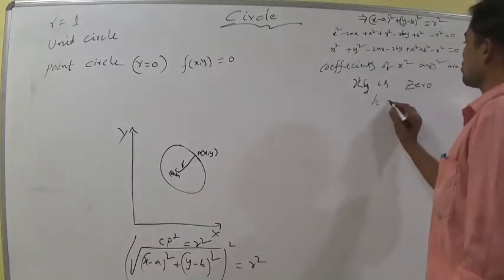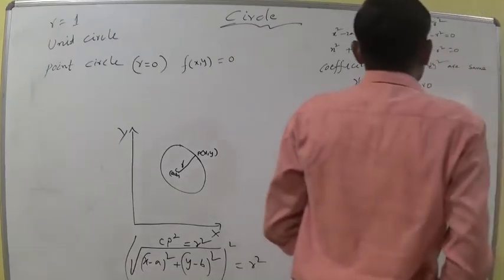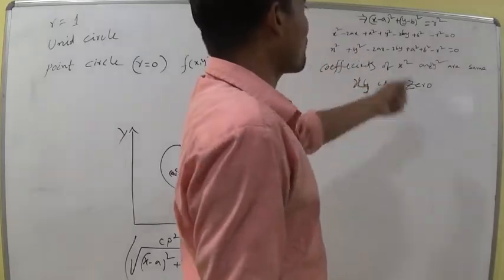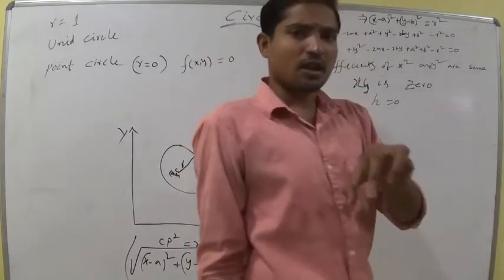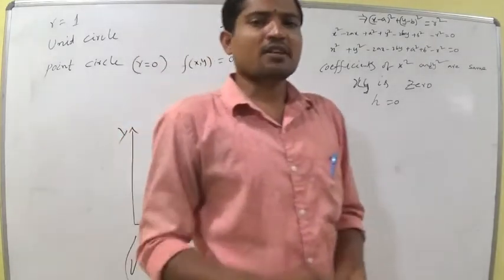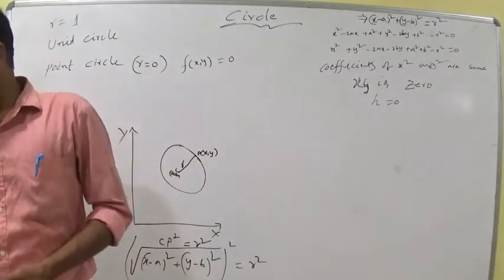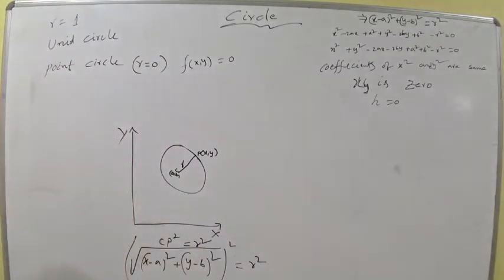That means h is equal to 0 here. Coefficients of x square and y square are the same, and the xy coefficient is equal to 0. The xy coefficient is 0 means nothing but h is equal to 0.